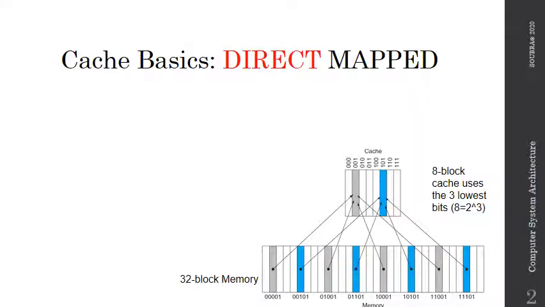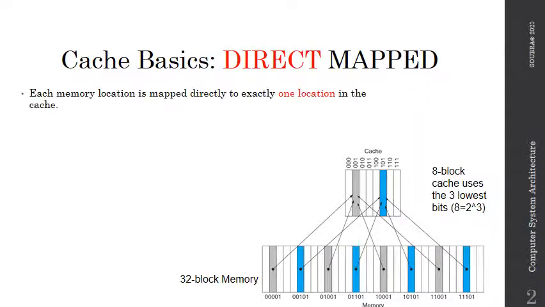Alright, so we recapped a little bit the direct map caching and the mechanism of it, and the fact that everything is mapped to exactly one location in the cache. In order to get that particular location, we need the size of the cache and the address of the main memory.